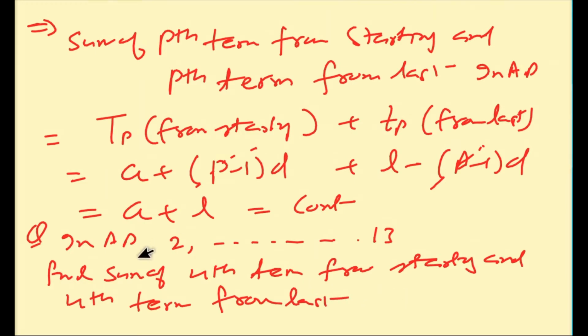In this AP we have the first term A and the last term L. The middle terms are not given, so we cannot find the difference, and we cannot find how many terms. But we know the values of A and L. So for the sum of the fourth term from the starting and the fourth term from the last, we use the formula A plus L, so the answer will be 2 plus 13. And the sum of the fifth term from the starting and the fifth term from the last is also A plus L, 2 plus 13. Okay.